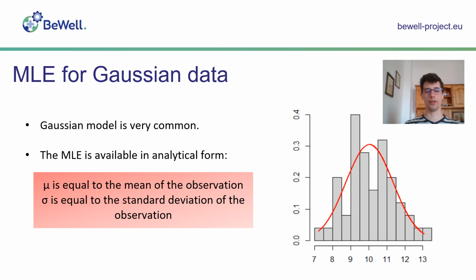In the rightmost plot, we have the histogram given by 50 observations generated by sampling from a Gaussian distribution with mean equal to 10 and standard deviation equal to 2. In red, we have the estimated density, which is indeed very similar to the true one.